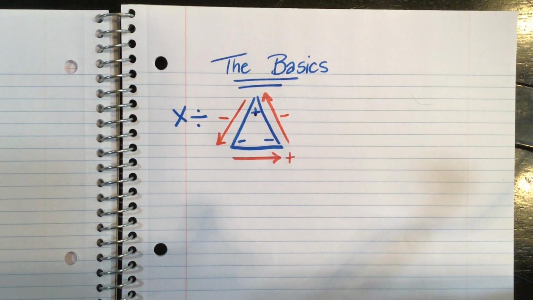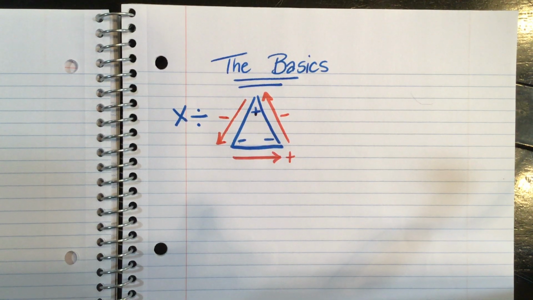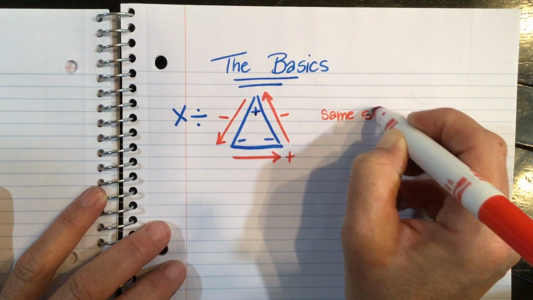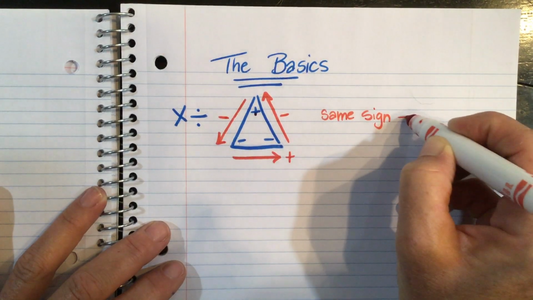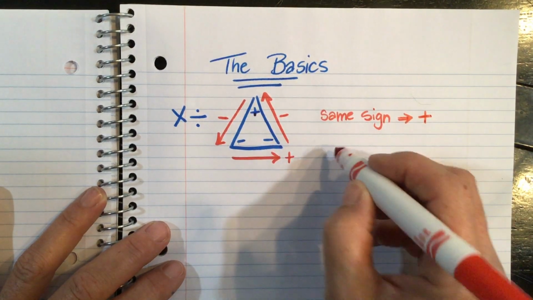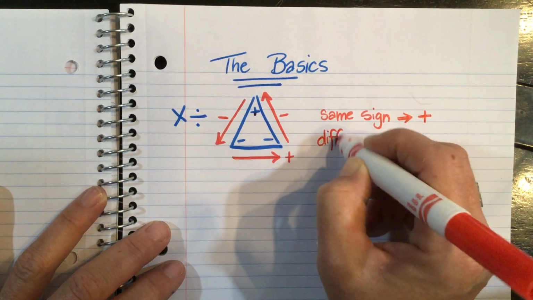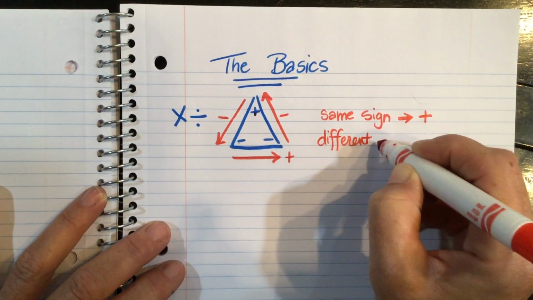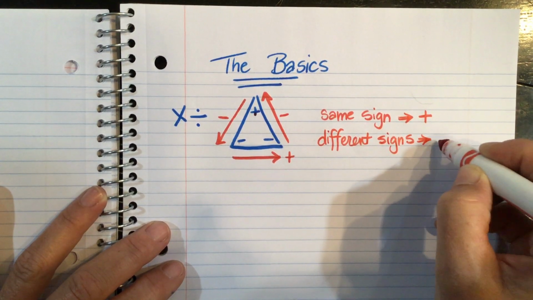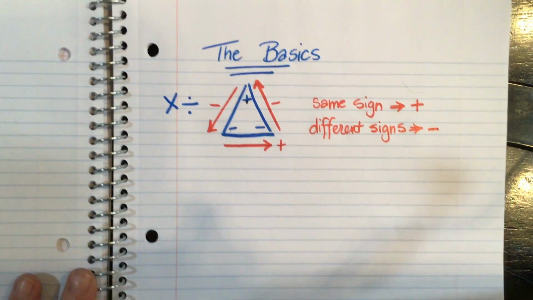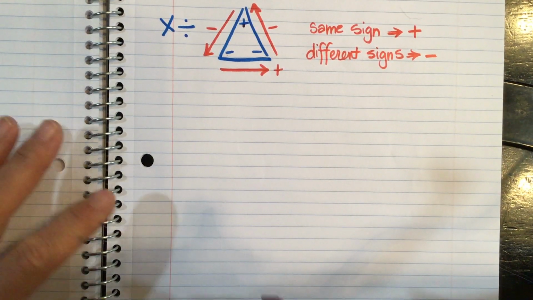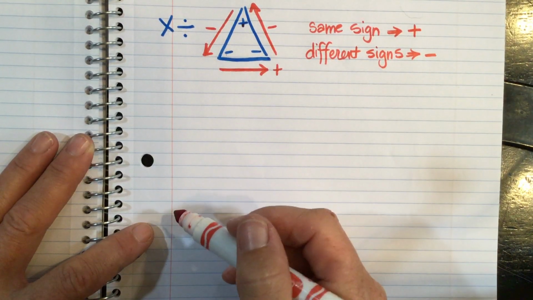No matter what you do, division or multiplication, okay? Basically, if it's the same sign, positive times a positive, or negative times a negative, it's going to be a positive result. If it is different signs, it will always be negative, okay? So this should not be a problem, and if I need to model that for you and help you better understand that, I will. Just pull me aside.